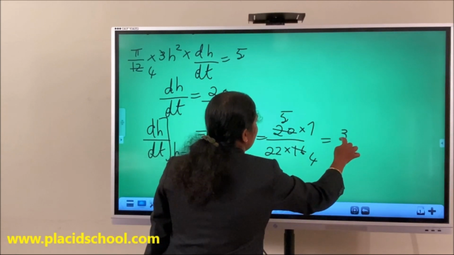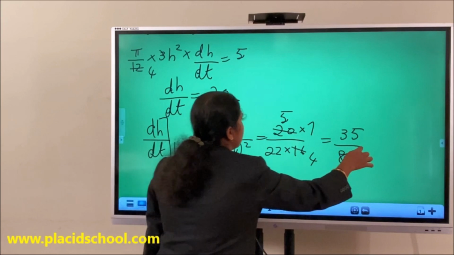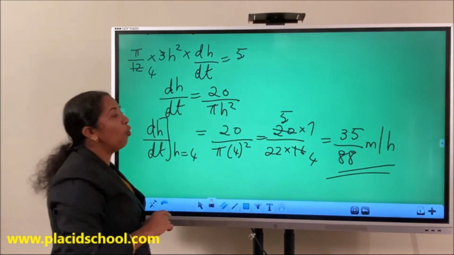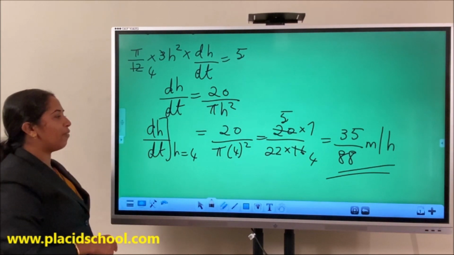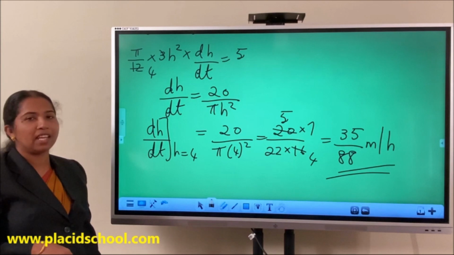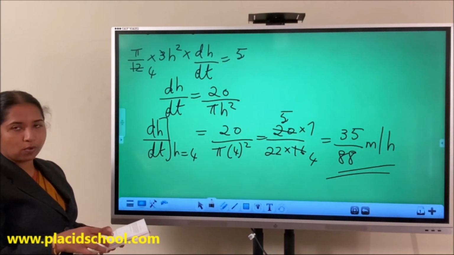So we have 35 by 88. Unit for height is meter and time is in hours. Therefore, the rate of change in water level when height is 4 meter is 35 by 88 meter per hour. Now moving on to the next question.